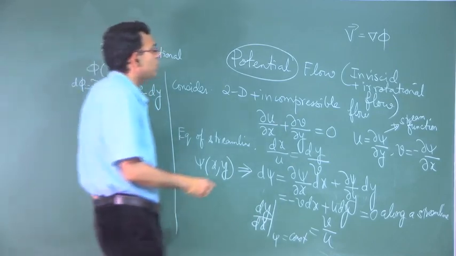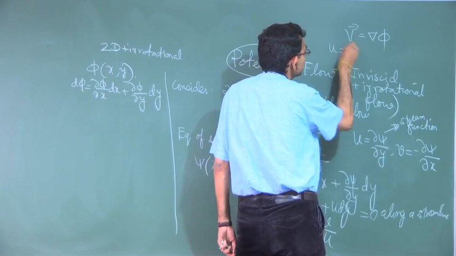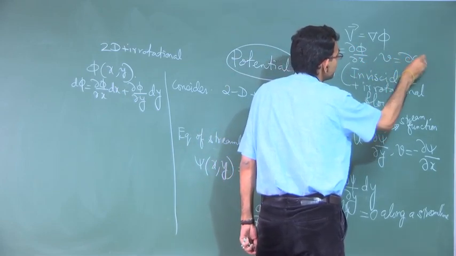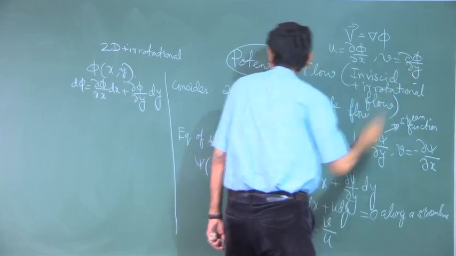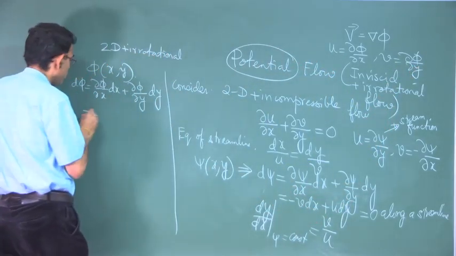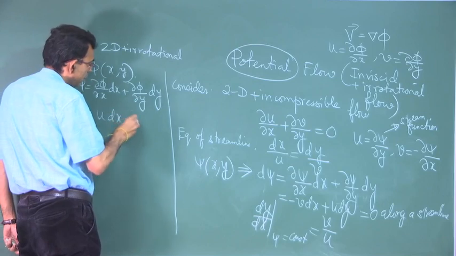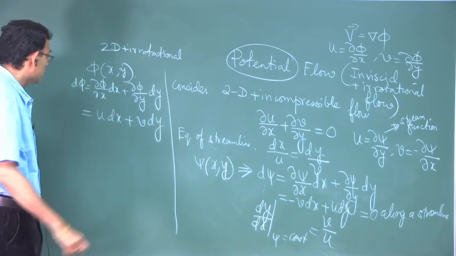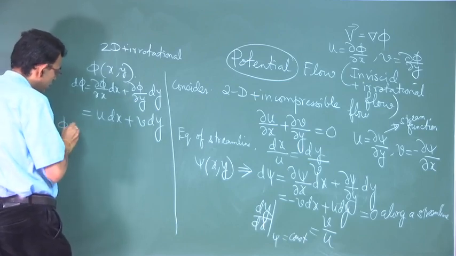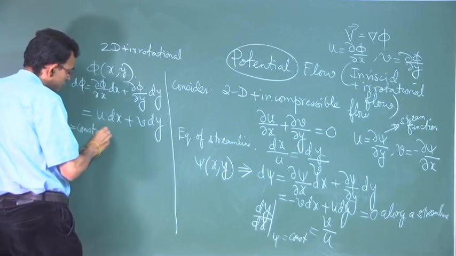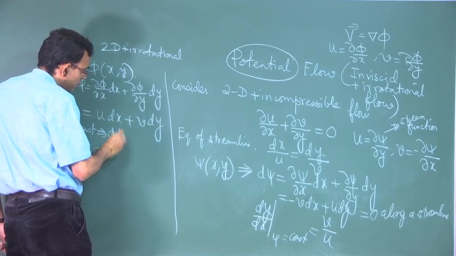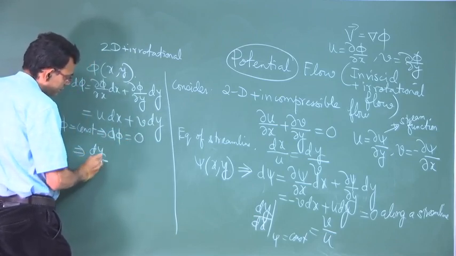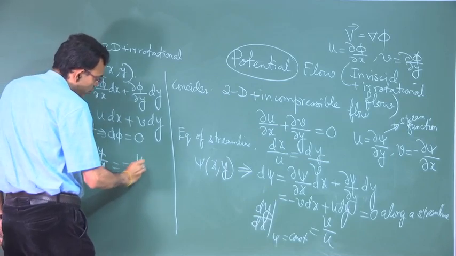So, that means u is equal to the partial of phi with respect to x, so this is u dx plus v dy. So, phi equal to constant means d phi is equal to 0. So, dy dx will be minus u by v.